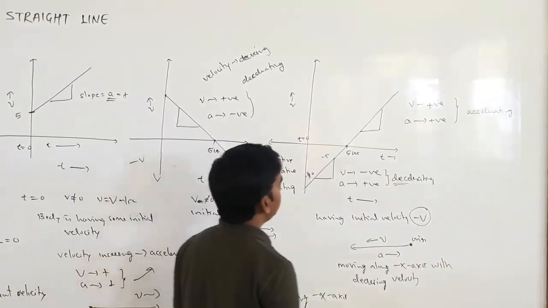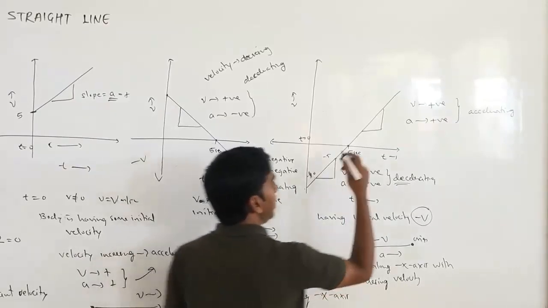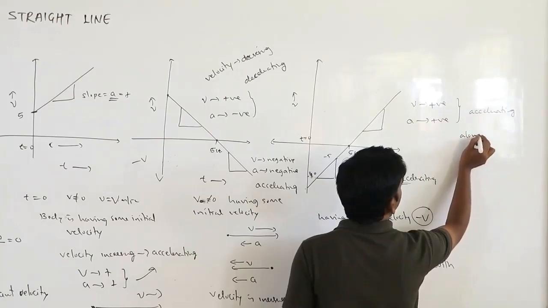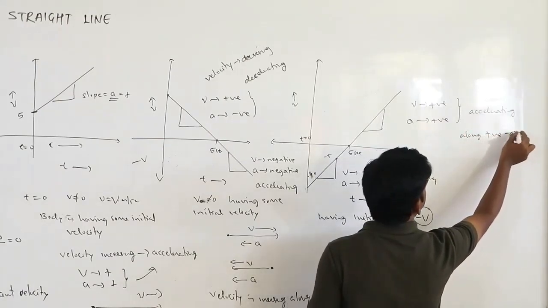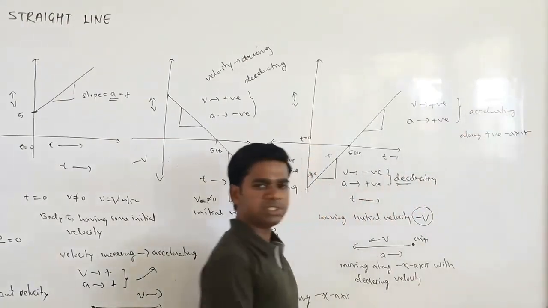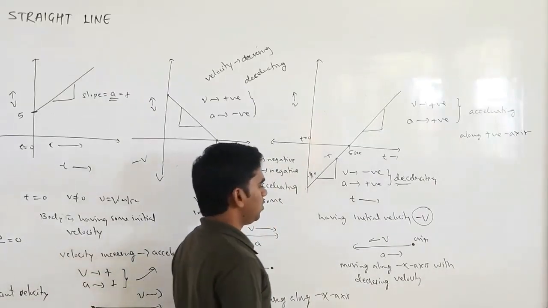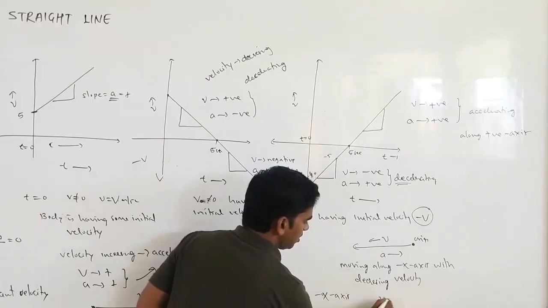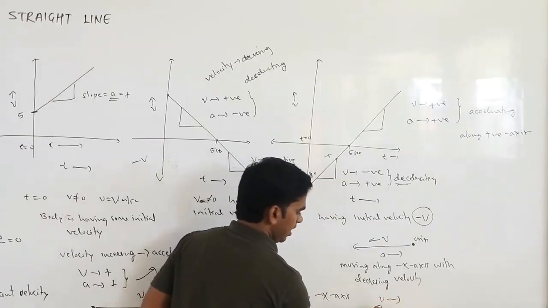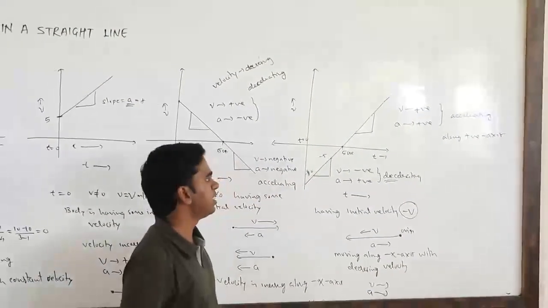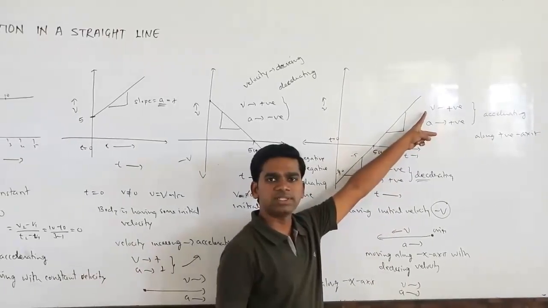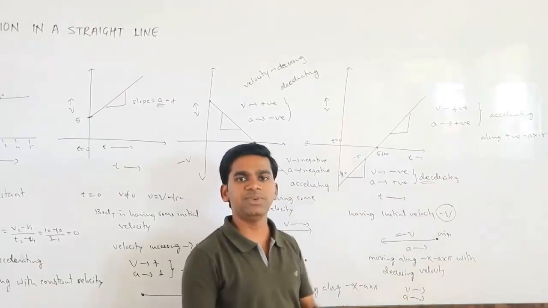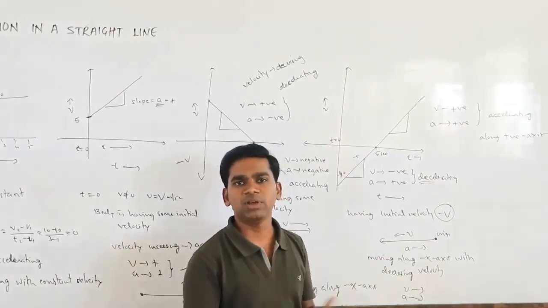Now you may ask, what is the direction? The body is moving along the positive x-axis. Velocity is in this direction, acceleration is also along the positive x-axis. Both are along the positive x-axis, so the body is moving in the positive x direction with increasing velocity.